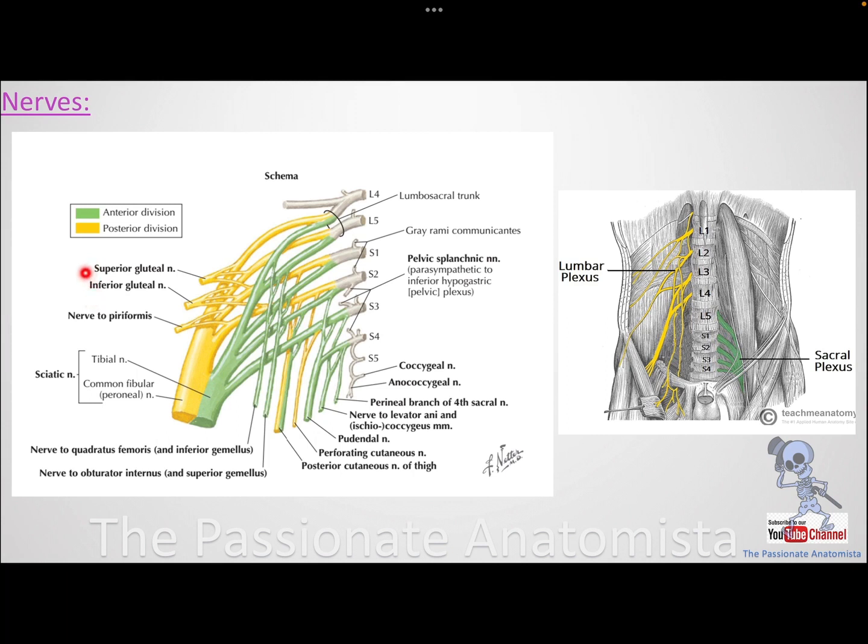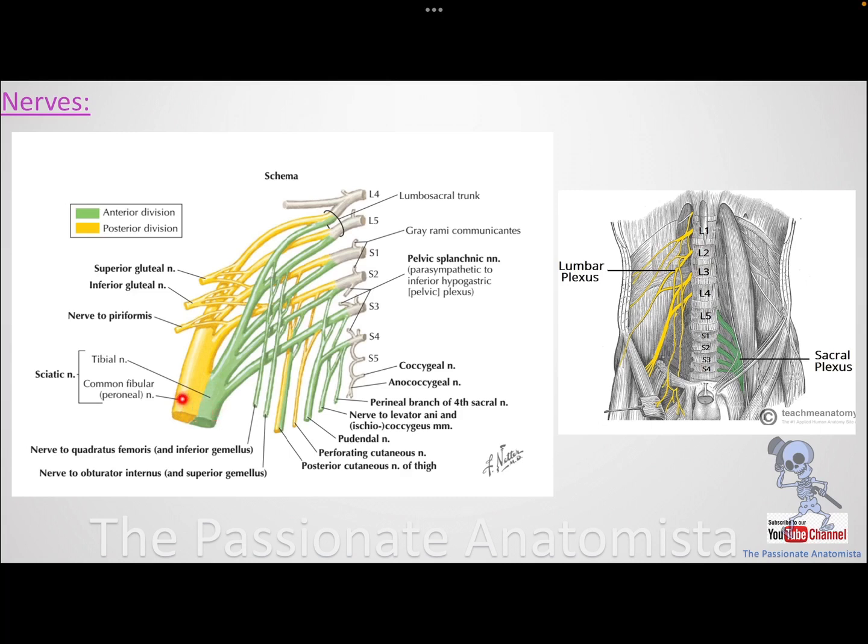So you have L4, L5, S1. However, the inferior gluteal is L5, S1, S2, and then piriformis S1, S2, and then you have the sciatic, with the common peroneal or common fibular and tibial. They have two parts.